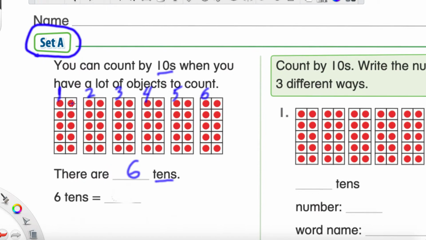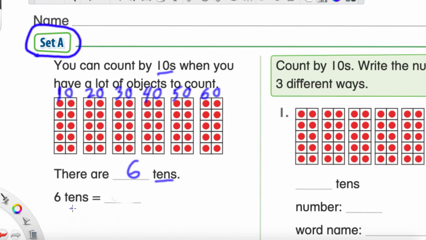After you count 10 frames, after you number them, guess what? All you have to do is put a 0 after each number that you put. And it's the exact same big number as if you were to count by tens. Watch this. Because there's 10 in this first 10 frame, right? So 10, and then 20, 30, 40, 50, 60.